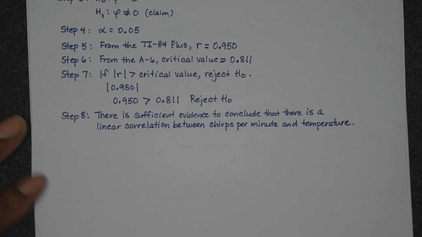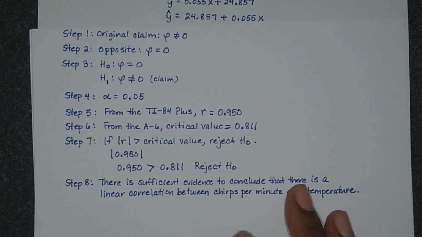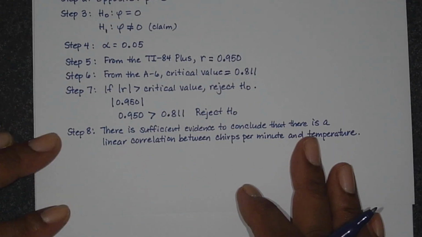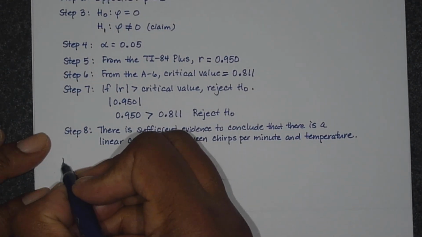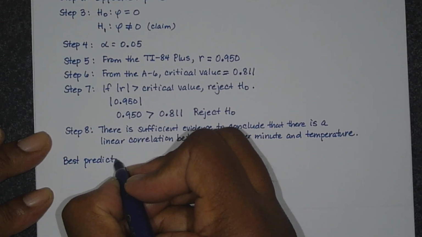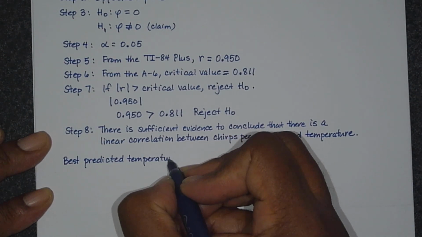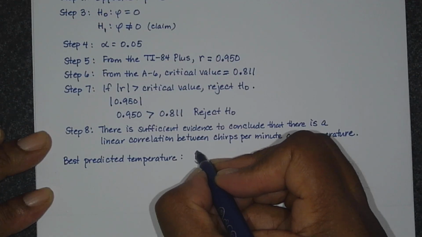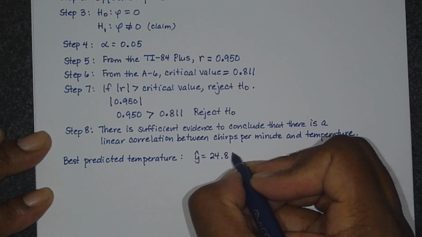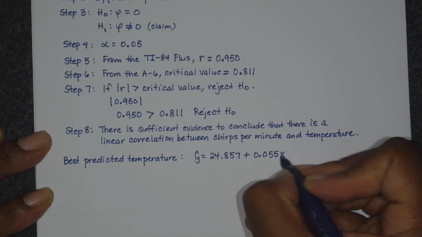All right, so now we know that there's sufficient evidence to conclude that there's a linear correlation. We can go ahead and use the regression equation that we got up here and find out the best predicted temperature. We're going to find that out by using y hat is equal to 24.857 plus 0.055x.